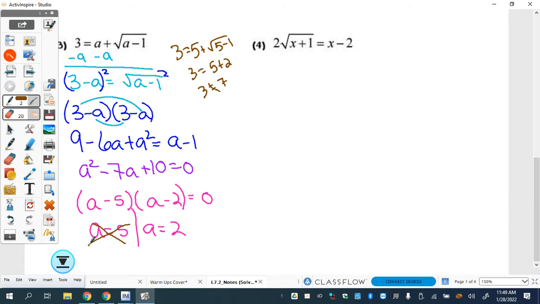And then my 2 plus the square root of 2 minus 1. 2 minus 1 gives me 1. Square root of 1 is 1. This one checks out because 3 does, in fact, equal 3.